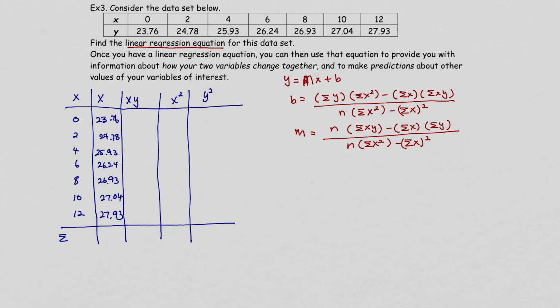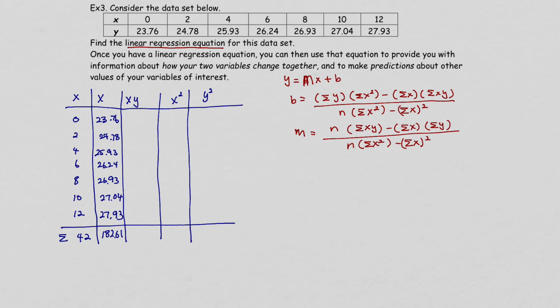So what I just did is put my x values vertically and your y values vertically, right? I'm first going to put your summation of x, meaning you're adding them up. You get 42. When you add up the y values, you get 182.61.